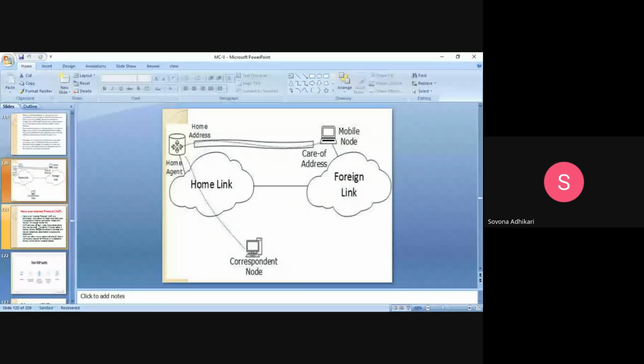So you don't drop your IP address because there's a map from the original IP address, the old IP address, to the new IP address. Although your address changes, there should be a bind, there should be a map. So in this way, mobile IPv6 mobility works.